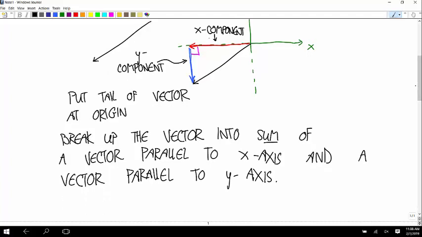And if the x component is in the direction of the positive x-axis, then you give it a positive number that's equal to its length. And if it's in the direction of the negative x-axis, it's a negative number with its magnitude equal to the length. And same with the y component. If it's in the direction of positive y, it's a positive number. Negative y, it's a negative number.